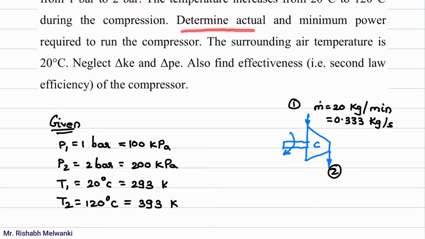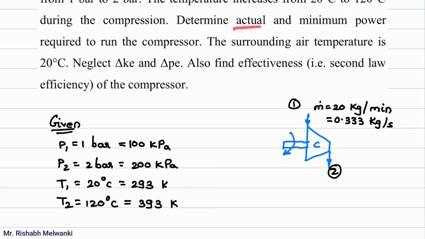We'll read the next part now. Determine actual and minimum power required to run the compressor. So we have to find here two powers, actual power and minimum power. Since the compressor is a power consuming device, minimum power means we have to find W dot reversible.